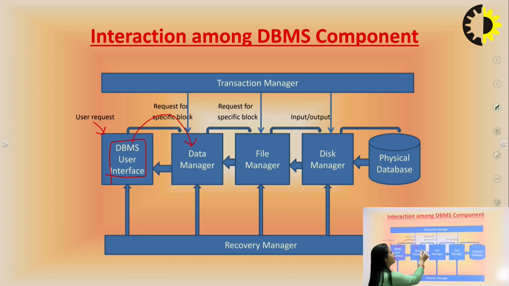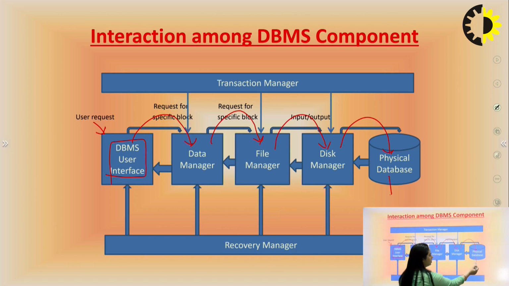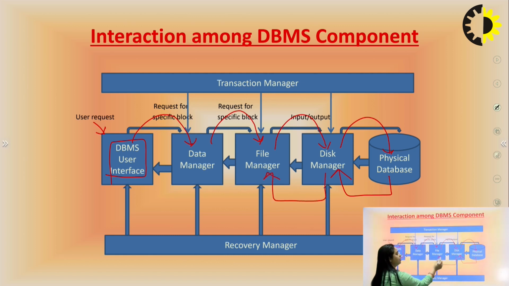Further, this data manager asks for the specific block from the file manager. Next, this file manager asks the disk manager to fetch this information, and the disk manager physically accesses the information stored in the database. Now, the physical database sends this information to the disk manager, and the disk manager sends it to the file manager. File manager further sends this to the data manager, and data manager sends it to the user interface, and thus the user can get the wanted data.